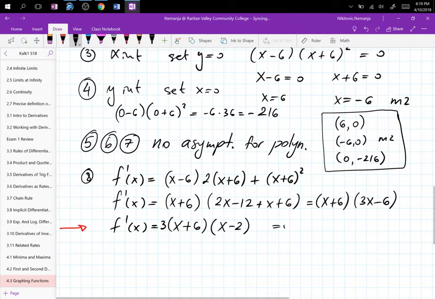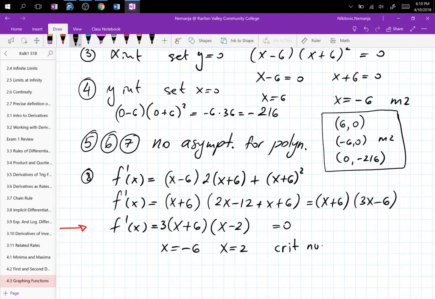Now you want to set that equal to 0 to find your critical points. And clearly x equals negative 6 and x equals 2 are critical numbers, which you plug back into the original problem to find their y values. Now you already have the y value for negative 6 because that was one of the points, right? So you see the critical point at (negative 6, 0), which you were expecting because of multiplicity 2.